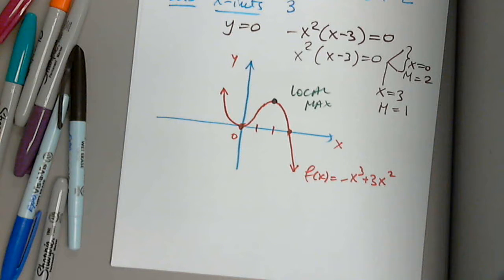I will choose number 4, which is maximum. 0, left bound, 3, right bound. I don't want to guess, just give me the maximum. And it turns out that the maximum is roughly at 2. When x is 2, y is 4.